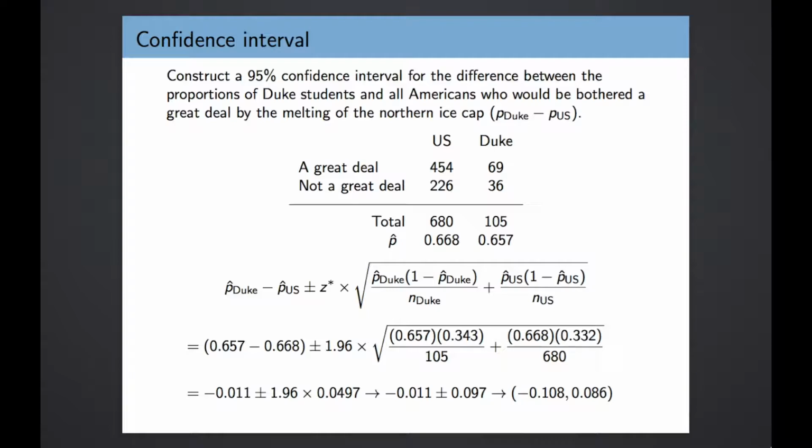So p-hat, 1 minus p-hat, and then n for the US sample. And then when we work this all out, we're going to get the point estimate of negative 0.011 plus or minus 0.097, which gives us a 95% confidence interval from negative 0.108 to positive 0.086.